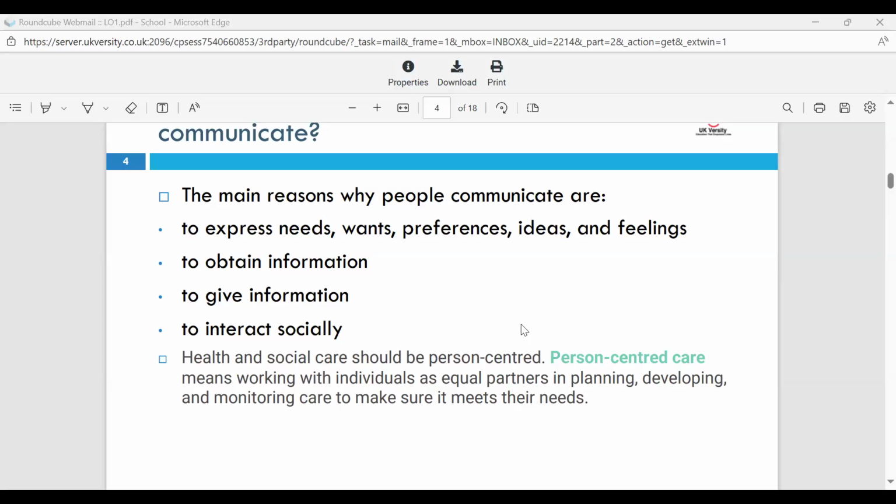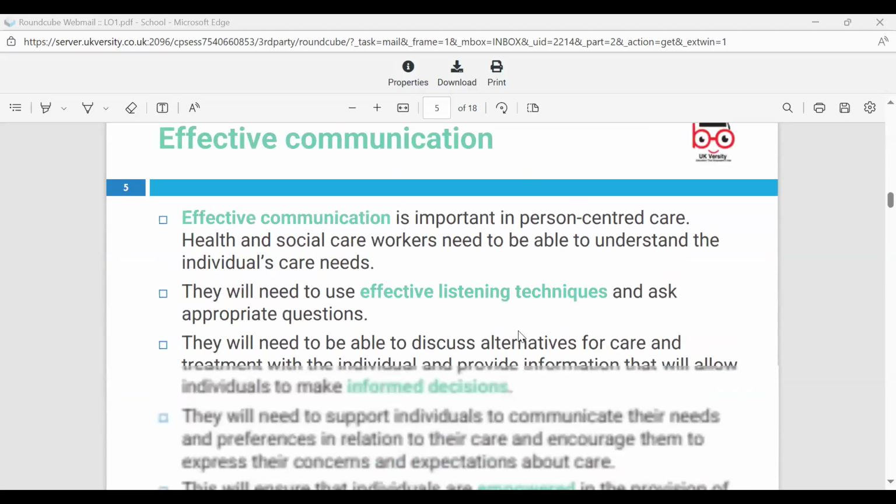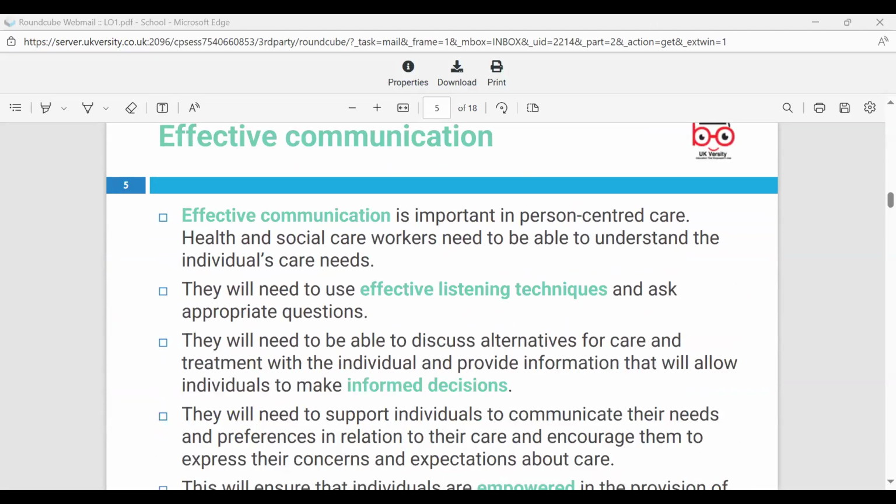So you have to be clear. You need to make sure you are giving correct information and not using language that they can't understand. So effective communication is important in person-centered social care.